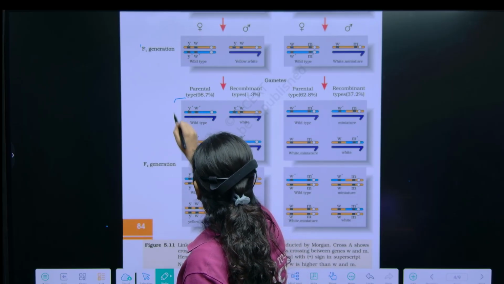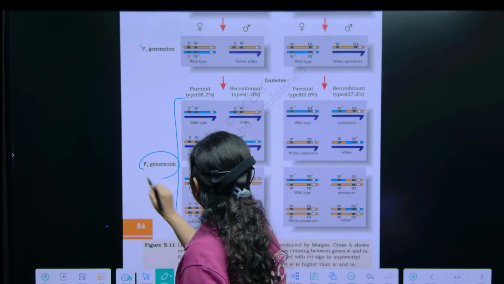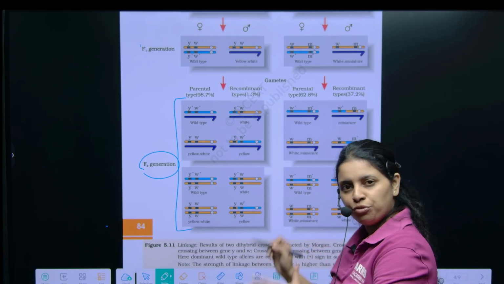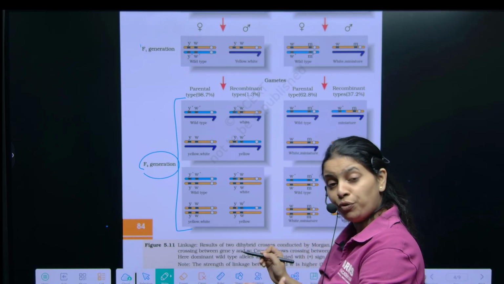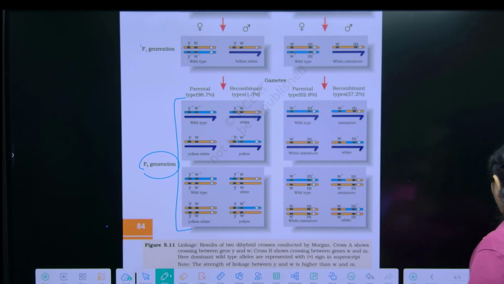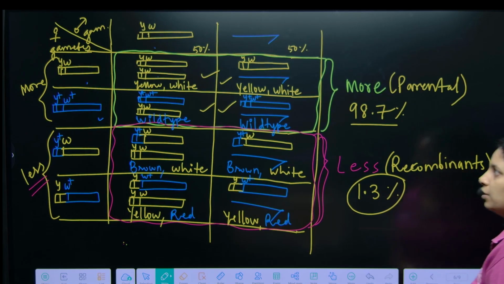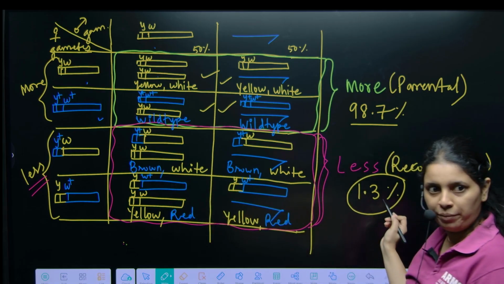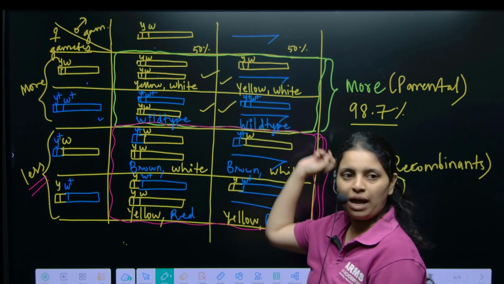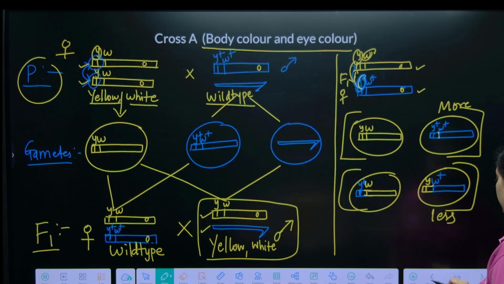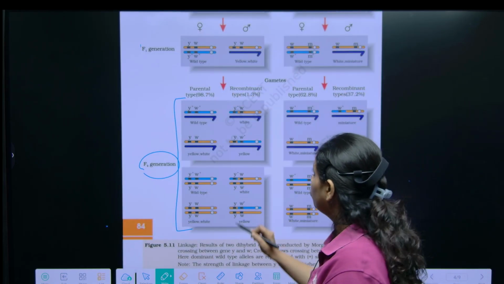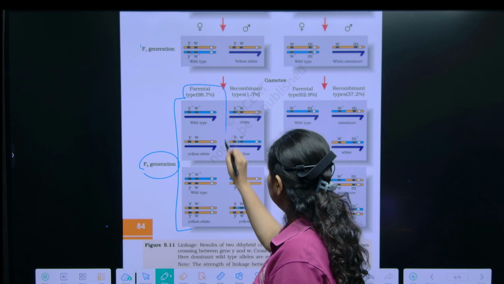Now the way I drew the F2 generation unit square, what I got was something like this. These top four were parental and these bottom four were recombinant because of the way I wrote the gametes. In your textbook, all the parental and recombinants are directly given as a list. So here parental are like these.